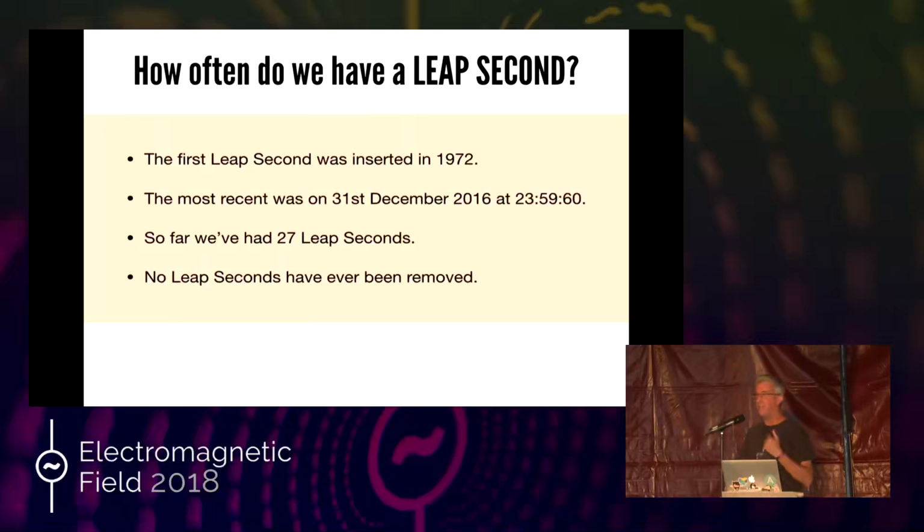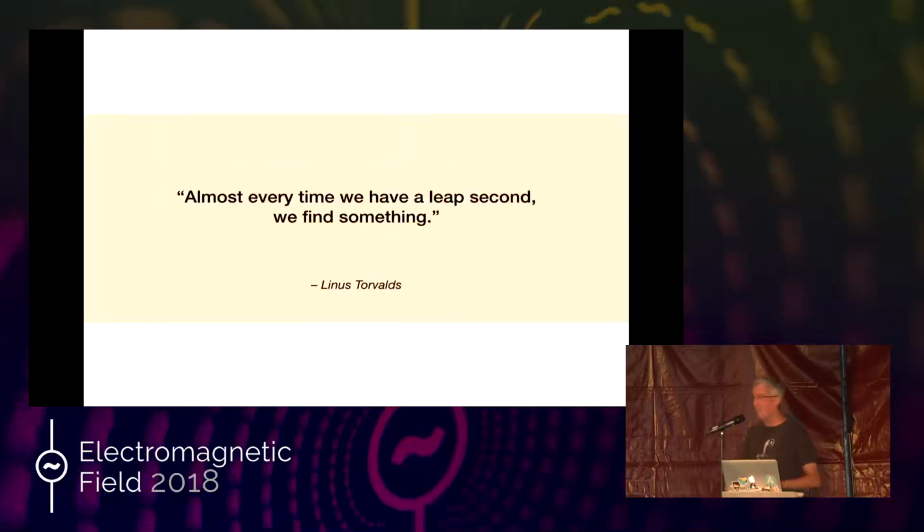They tend to happen at the end of June and at the end of December, but they can actually happen in any month. They're trying to keep them relatively spaced apart, but the spec allows for them to be in any month.